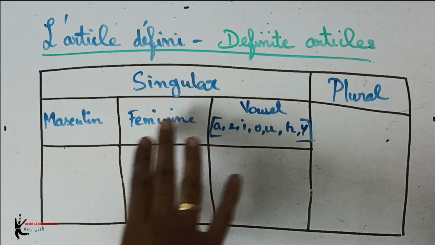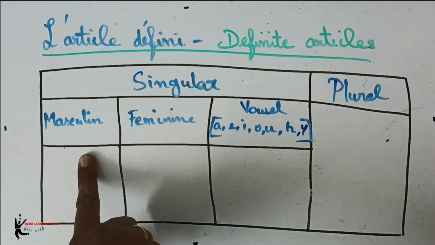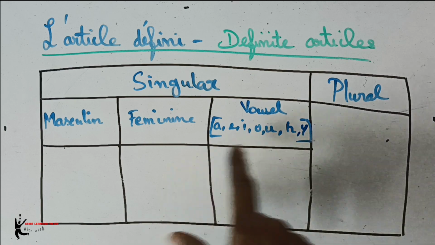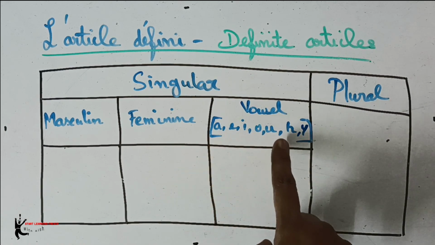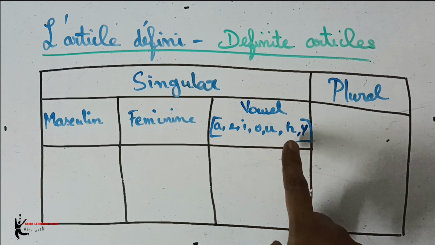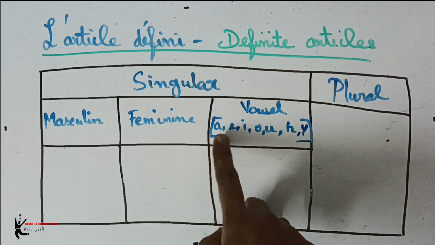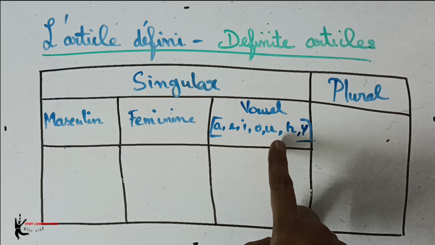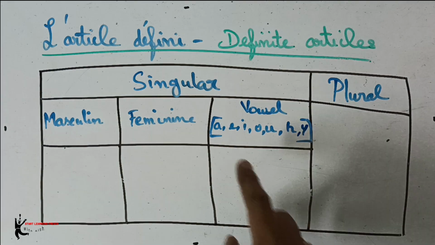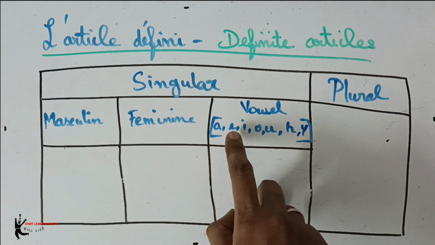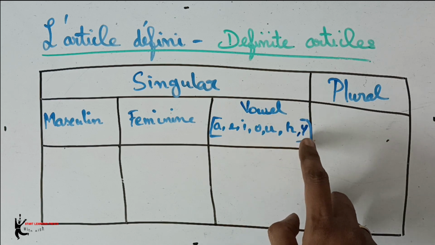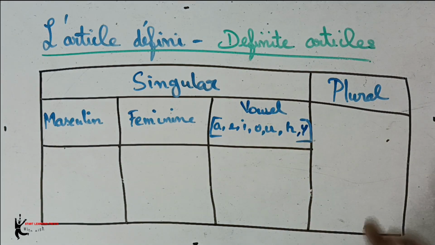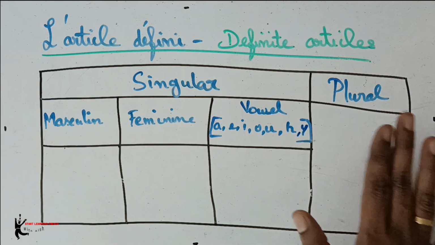So the singular form has masculine gender, feminine gender, and vowel. And for plural we have only one plural form.